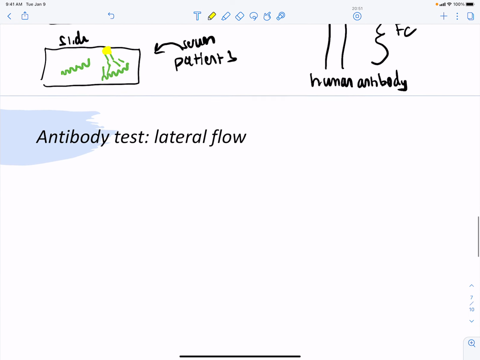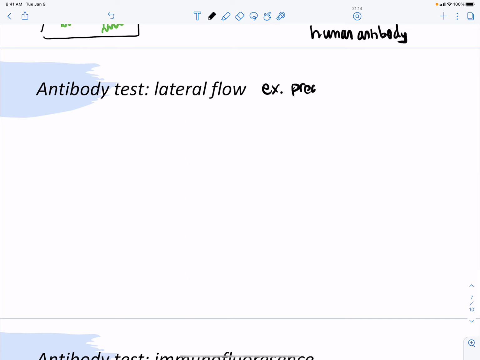Now there's also lateral flow tests. And so lateral flow tests are a way to measure antibodies, proteins, or antigens in your body fluid using a very simple, straightforward ELISA-like test. And this is, for example, how they make pregnancy tests. Now, the basis of this is to determine if a specific protein, antigen, or antibody is present in whatever body fluid you're testing.